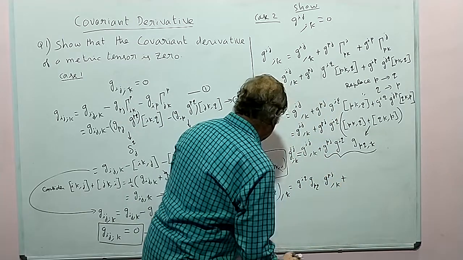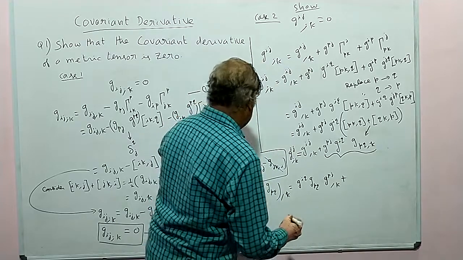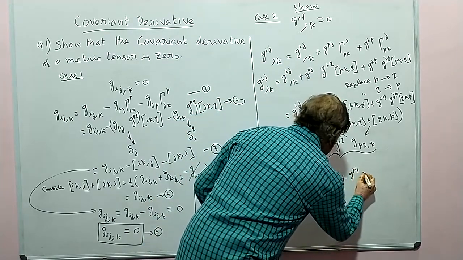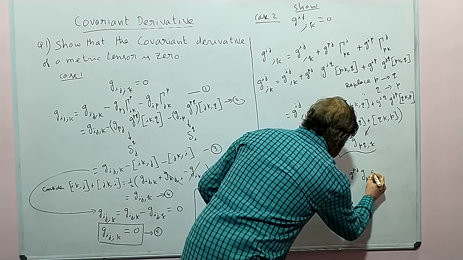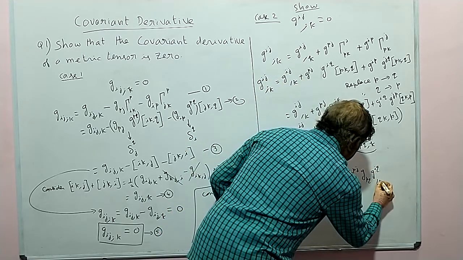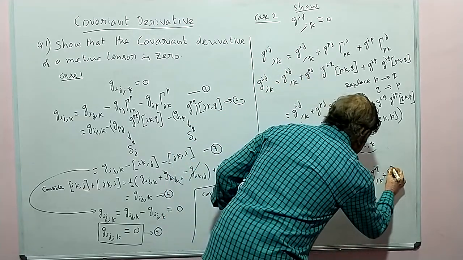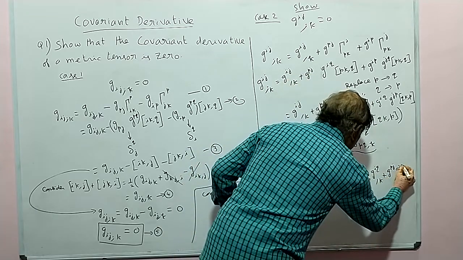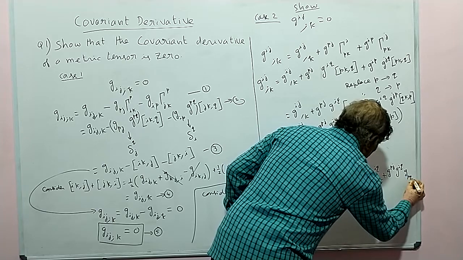This is one term. The second one is g^{pj} g_{pq} g^{iq},k, plus g^{pj} g^{iq} g_{pq,k}.